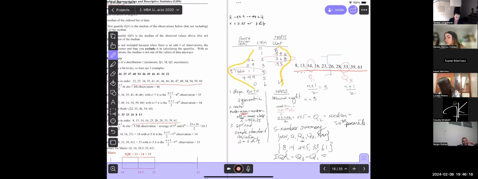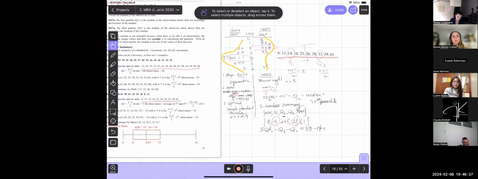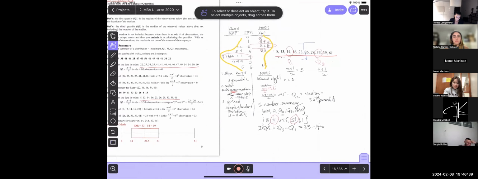You have to take the third quartile minus the first quartile. What is 33 minus 14? 19. So what does this represent? This represents how spread out the data are in the middle.